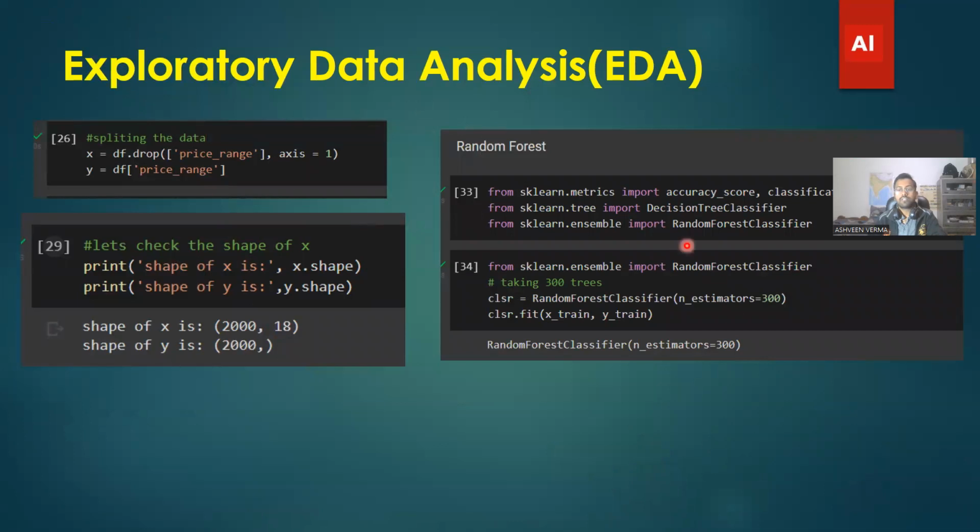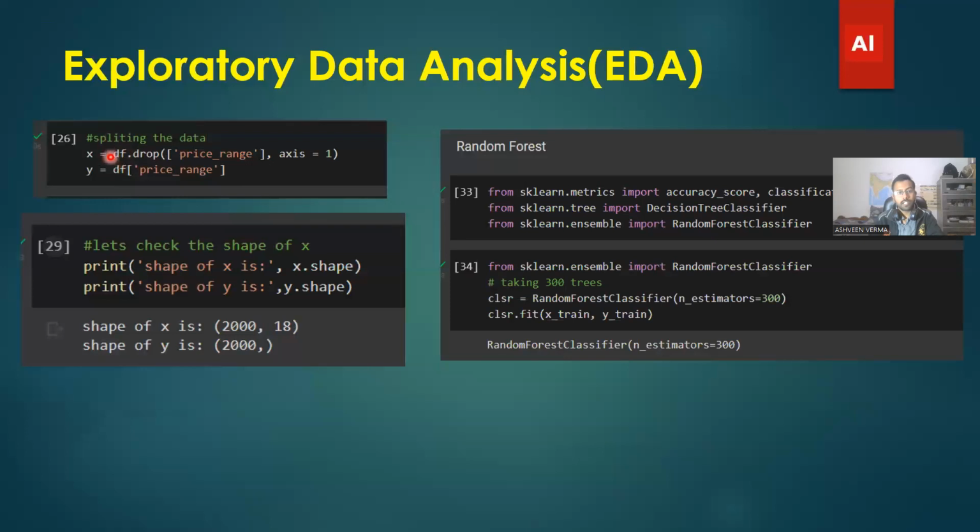Now let's generate the machine learning model so we can predict the price. Here we split our data into two parts, X and y. So df.drop price range with axis equal to 1.